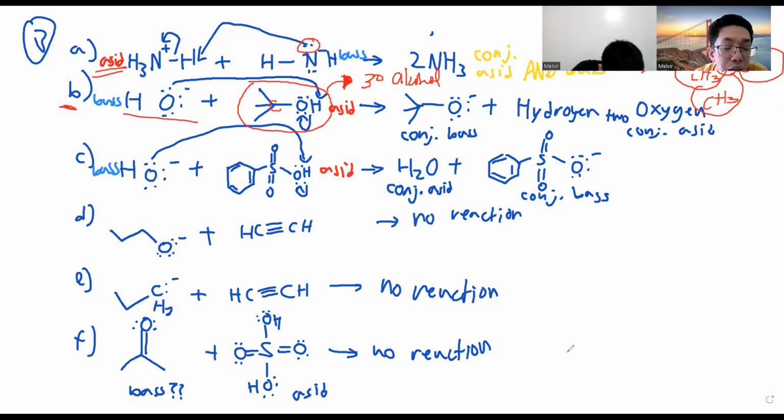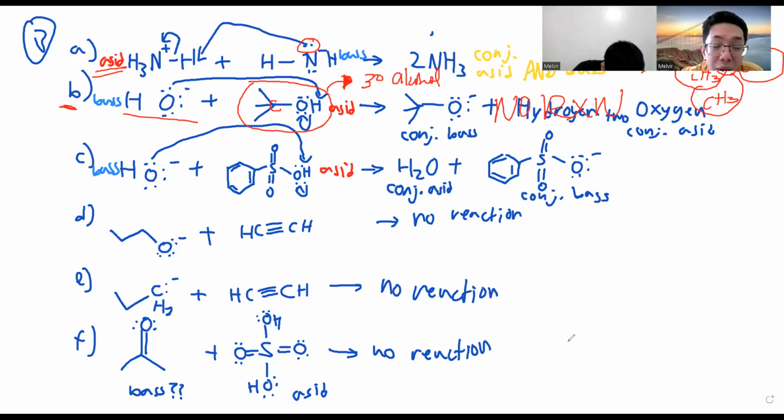So therefore, this letter B, Josh, will have no reaction dapat. So this is no reaction. Why? Dahil hindi kayang ma-access ng OH minus mo yung H na nandun sa alcohol due to the bulkiness of your tertiary alcohol. And aside from that, it's a very weak acid. You need a stronger base to do that.